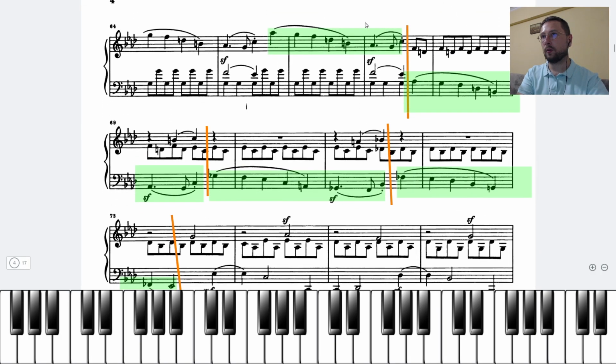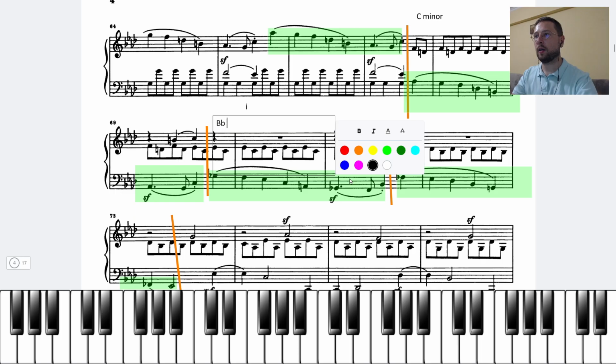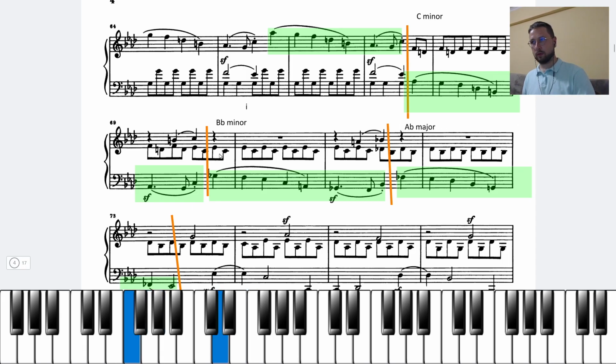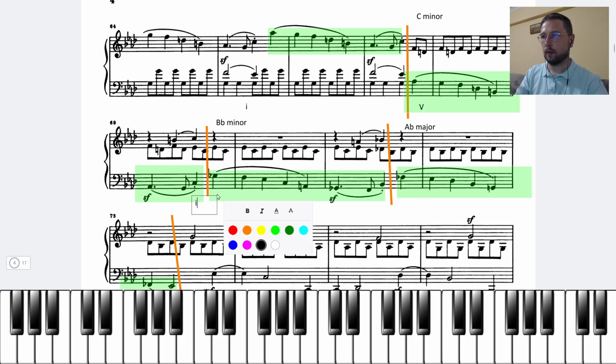Well, in reality, we're seeing the same process, C minor, B flat minor, and A flat major going downwards, with the harmony that you would expect. It's a 5-1, 5-1, and here we just stay on the 5.